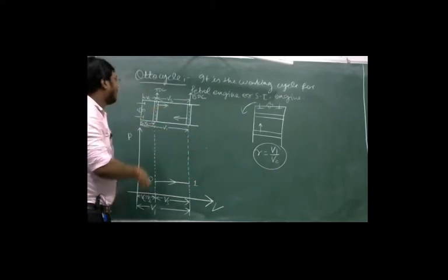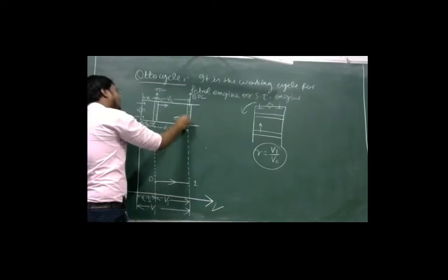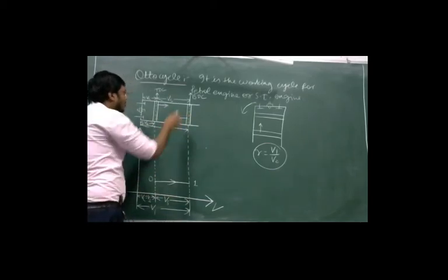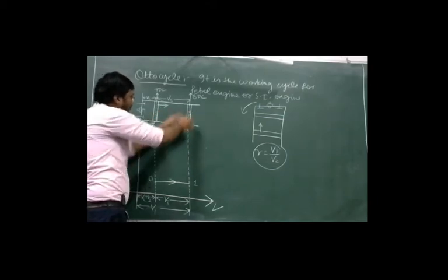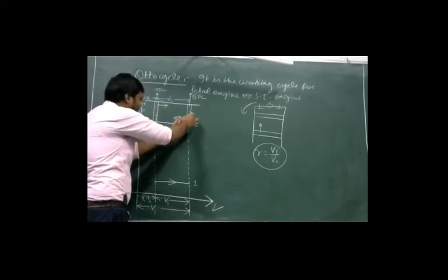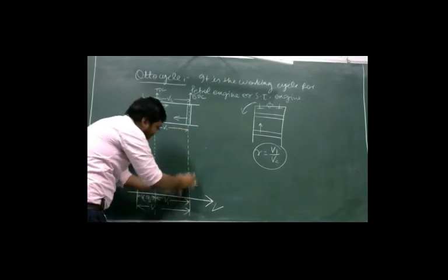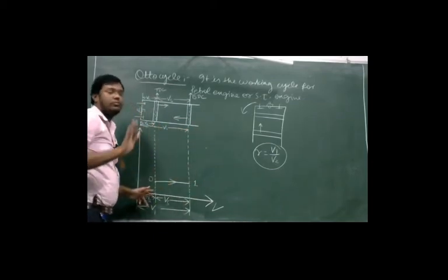So here we are moving from BDC to TDC in an adiabatic manner, so compression is happening here. We have to move from this BDC line, means from point 1, to the TDC line, but through an adiabatic process.